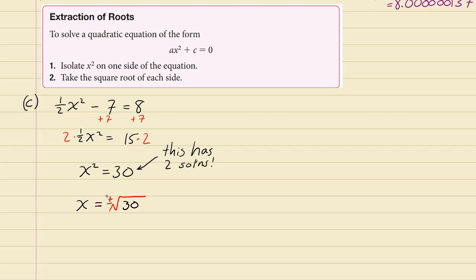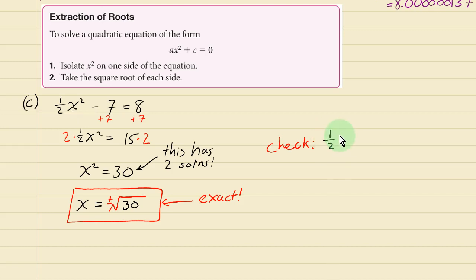So now those are exact. If we check it, we should see that it makes the original thing be exactly 8. And we can do that here. We're going to take 1/2 times, let's use the negative square root of 30 as an example, squared, minus 7. We want to see, does that equal 8? Let's check that it does.